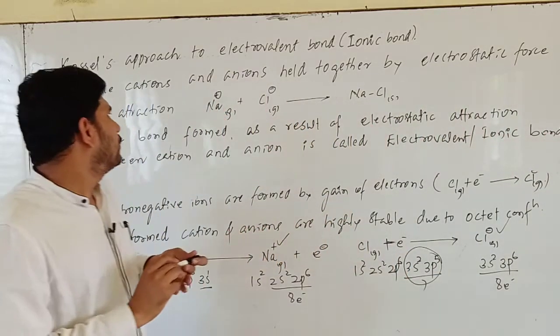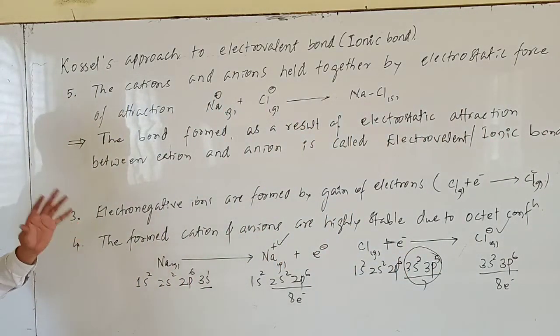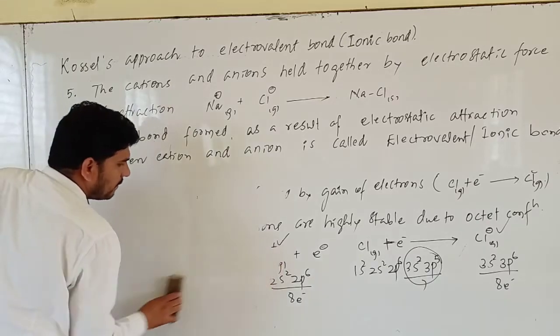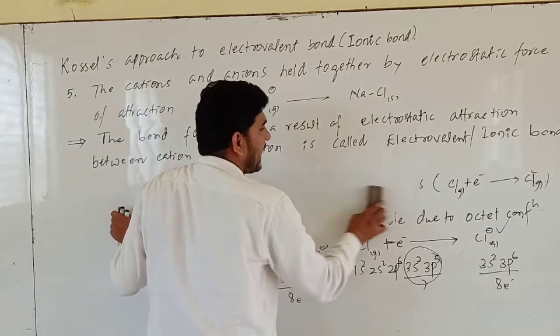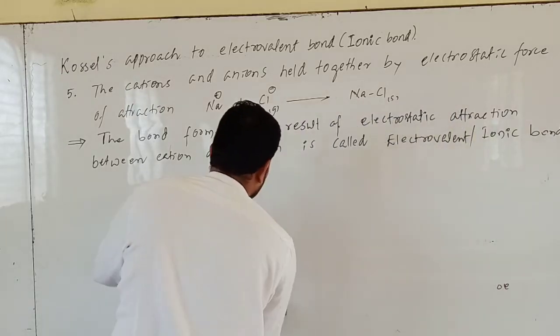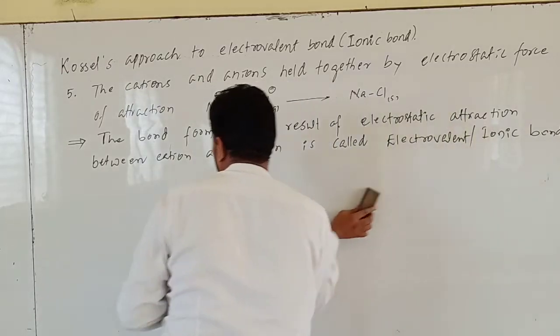Have you got this point? What is ionic bond? The bond formed as a result of electrostatic attraction between cation and anion is called what? Ionic bond.